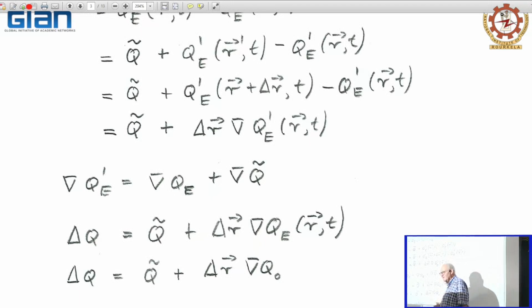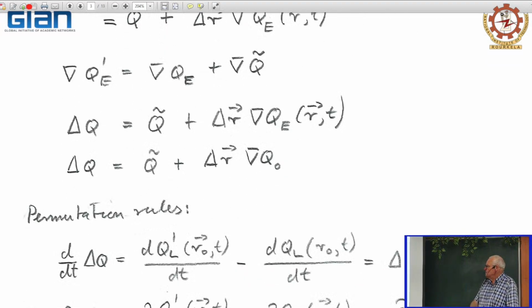We can simply take this as the gradient of the quantity in the unperturbed system, which we know. For instance, properties of our hydrostatic stellar model would enter here through the gradient of the respective quantity. So it's simply delta Q is Q tilde plus Lagrangian displacement times the gradient of this quantity in the unperturbed system.